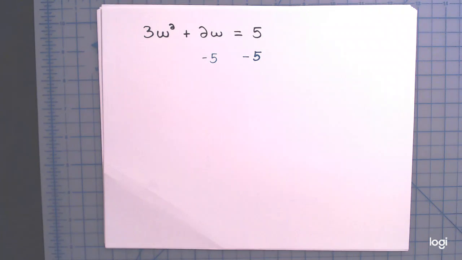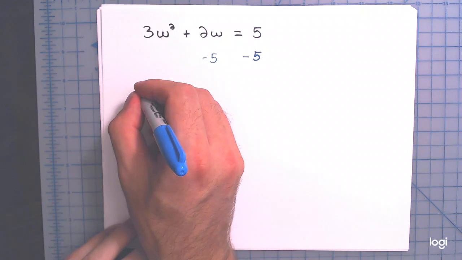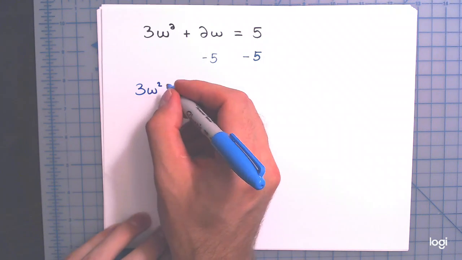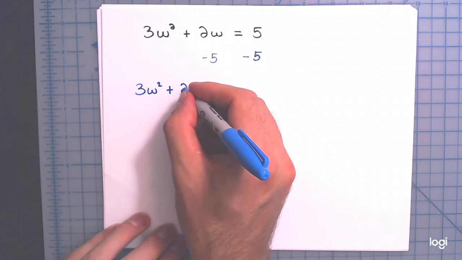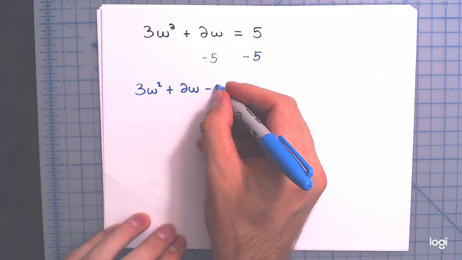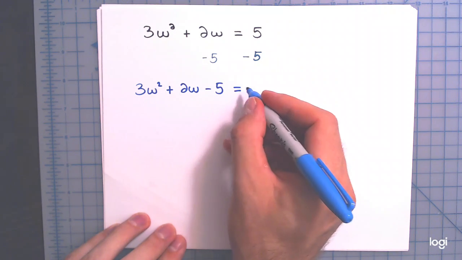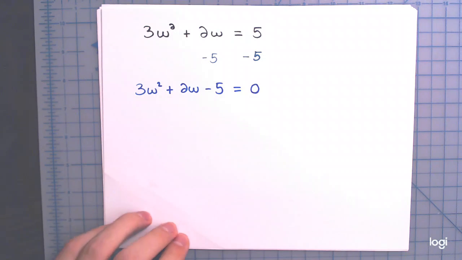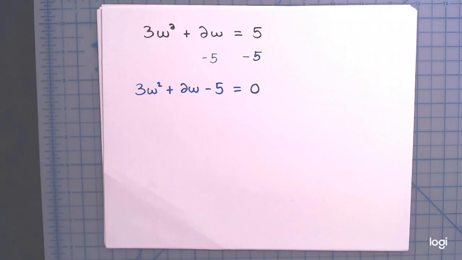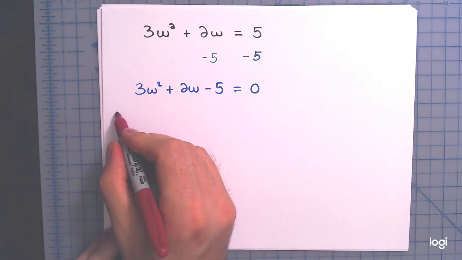So now on the left side, I have 3 times w squared plus the 2w, and then minus 5 equals 0. All right, so now I'm in standard form, and again, I personally see that this will be able to be factored. Again, if you don't see that, let's find the discriminant. That can't hurt.